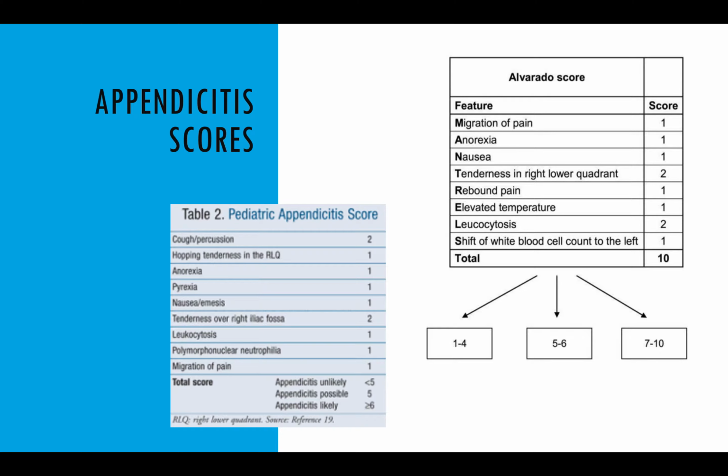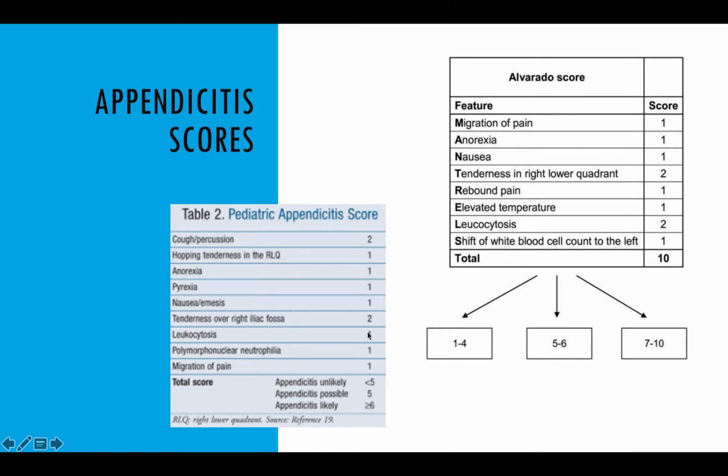Now, there's a couple of appendix scores that can be used. They're very similar, but just changed slightly for pediatrics. So the pediatric appendix score, you obviously get points for different things. If they've got percussion or cough tenderness, are they able to hop? The anorexia, pyrexia, so fevers, nausea, vomiting, tenderness in the right iliac fossa.